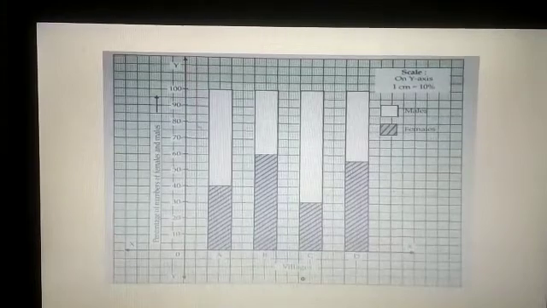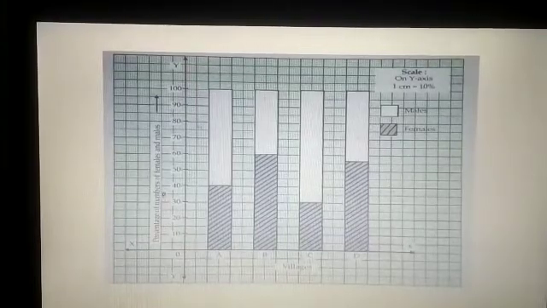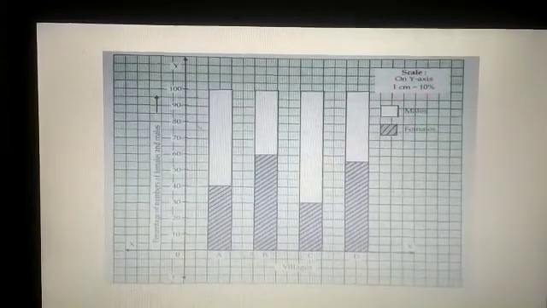On the X axis you will take villages and on the Y axis the percentage of number of females and males. Here we will write percentage of number of females and males, and in the index box again the plain box is for males and the shaded for females. So the scale on the Y axis is 1 centimeter equals 10%.